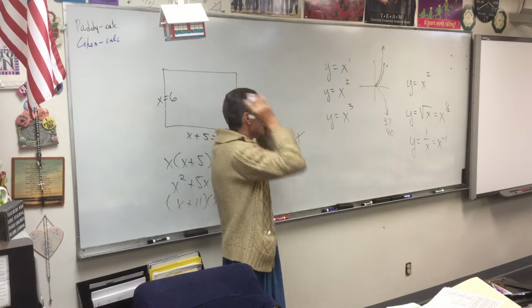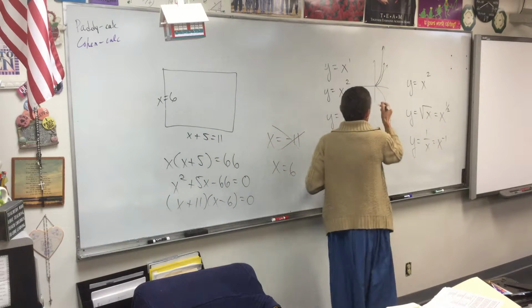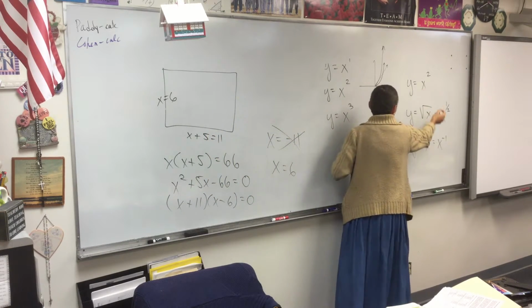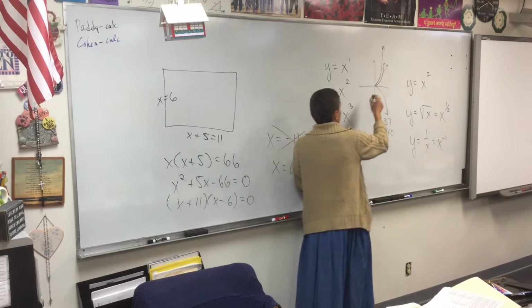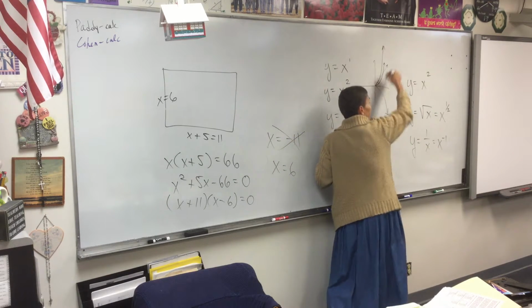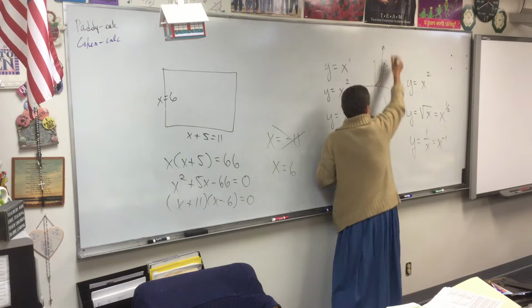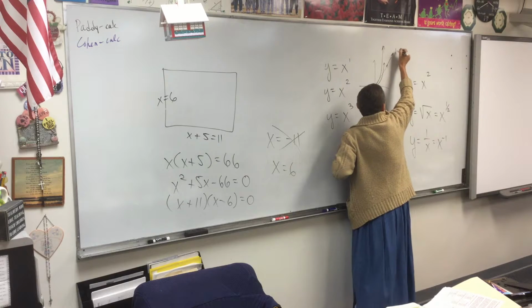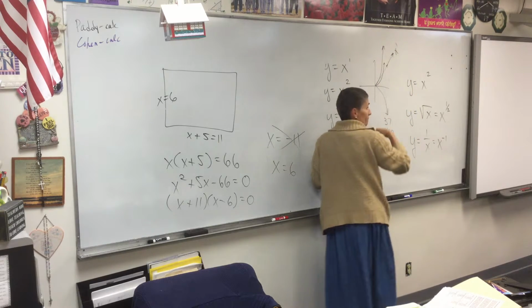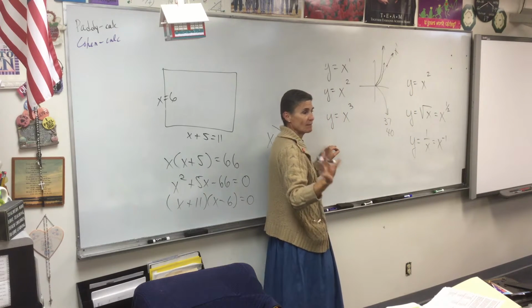Here's why. When the power is bigger than 1, you have a power function, so x is being raised to a power. When the power is bigger than 1, you're shooting up. You have this kind of a shape. Now, this is a line, so this would be x to the first. Anything that's a straight line is going to be x to the first.